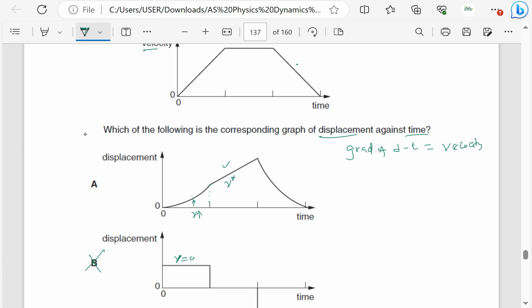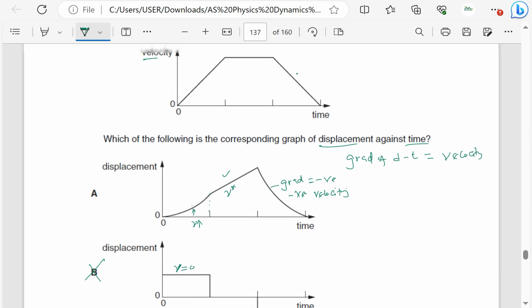So this one is going to be wrong because the gradient is negative, which means a negative velocity. Yet on the velocity time graph, we don't have a negative velocity. So this graph is going to be out.